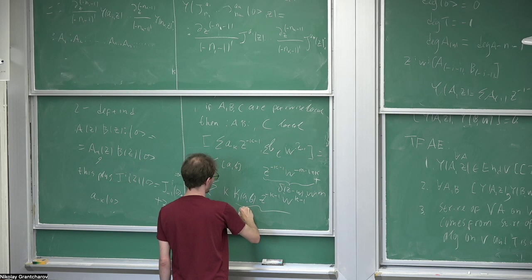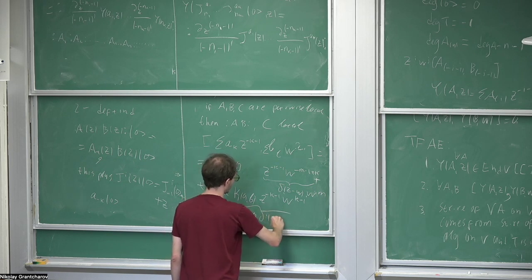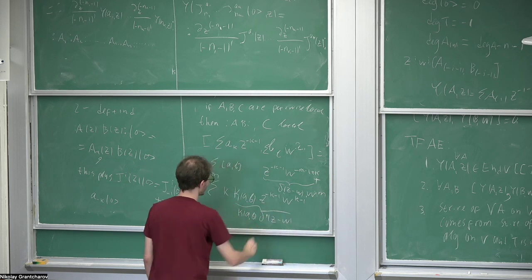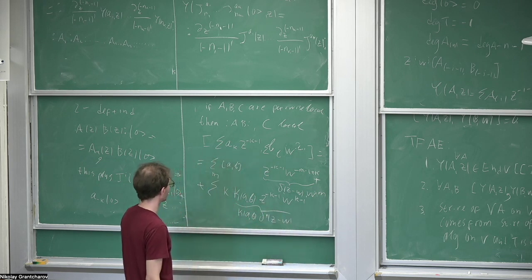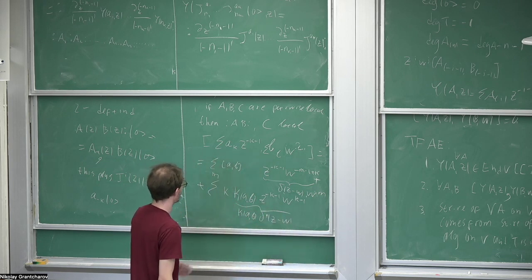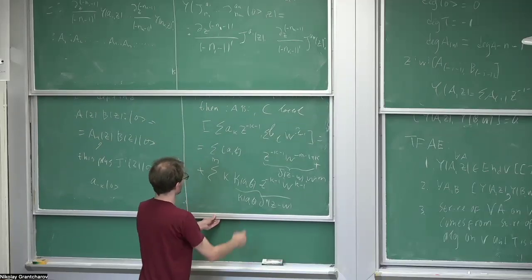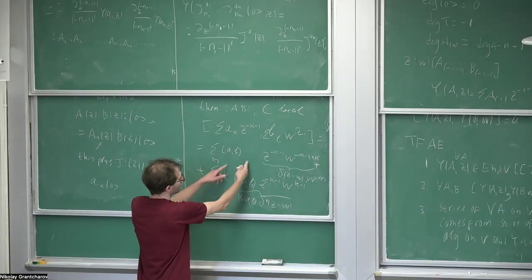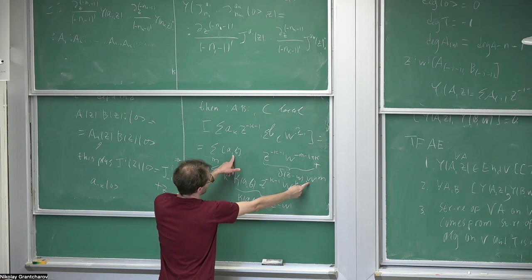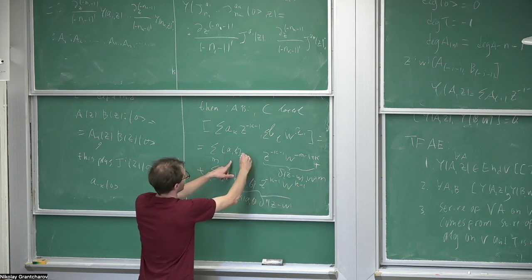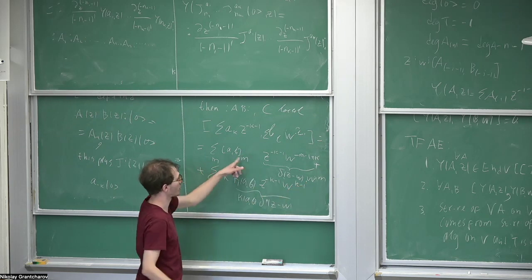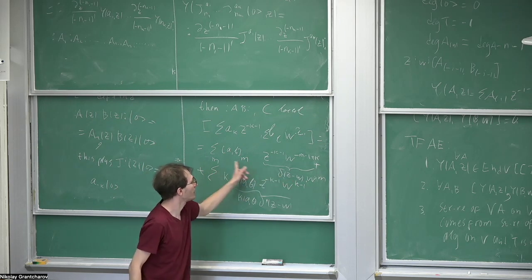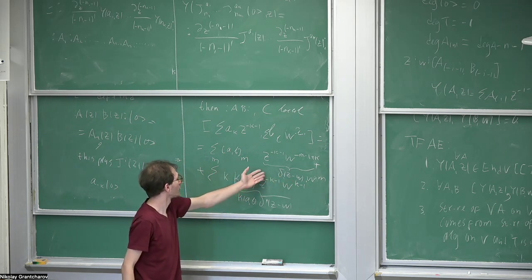So this is A B, delta prime. So the end result is a field that telescopes back to this M. So this telescopes back something in AB.